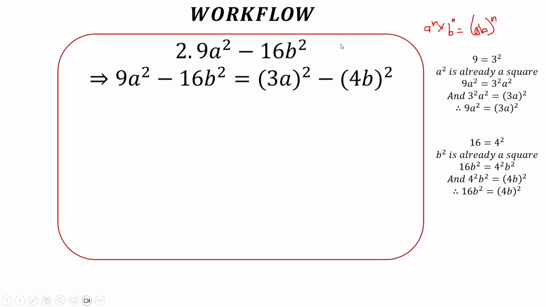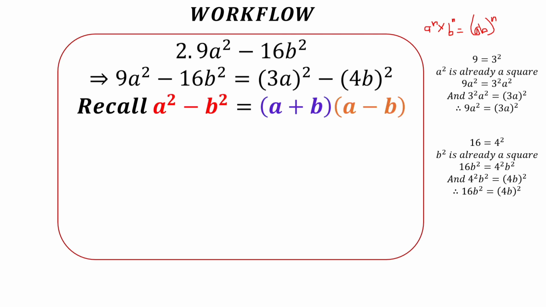We just replace 9a squared with (3a) all squared here, and we replace 16b squared with (4b) all squared over here. Now that we have a difference of two squares, we can recall our formula and follow that method to factorize further.